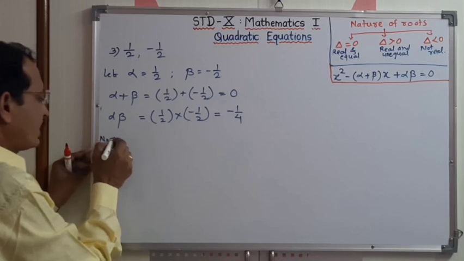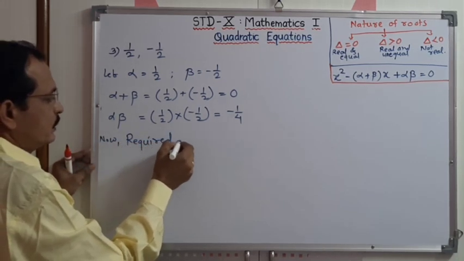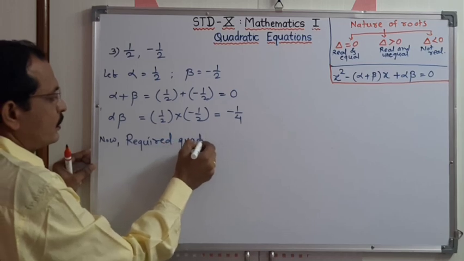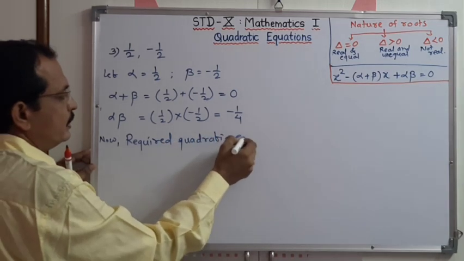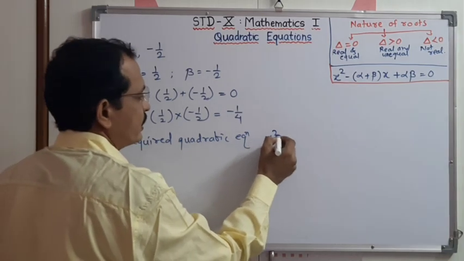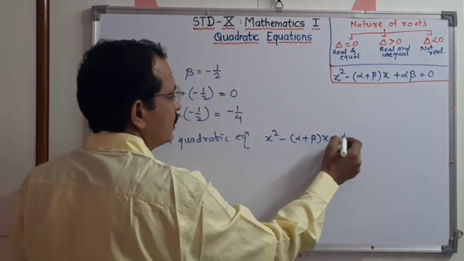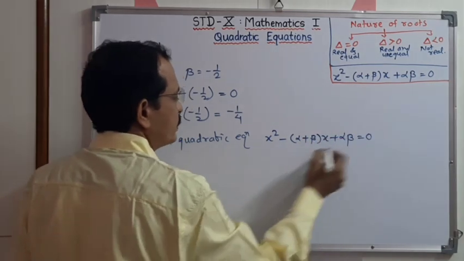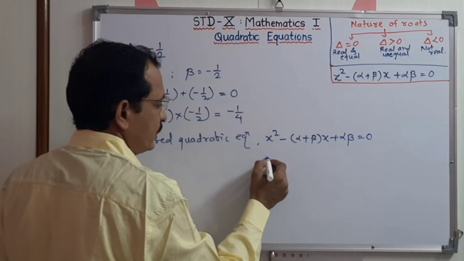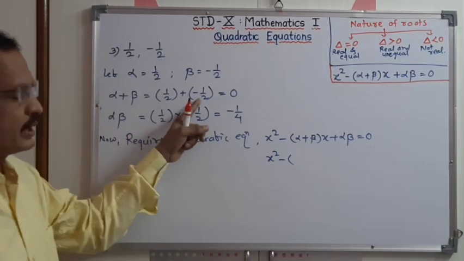Now we have to write the required quadratic equation. It is x square minus alpha plus beta x plus alpha beta is equal to 0. Therefore x square minus, what is the value of alpha plus beta?